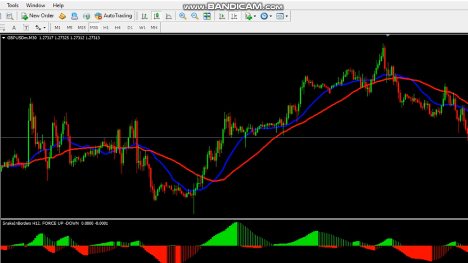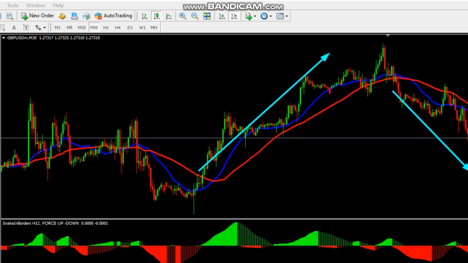What you do is whenever price is above this, it's a buy. And whenever price is below, it's a sell. But you just don't sell or buy because you see price trending above or below the moving average.